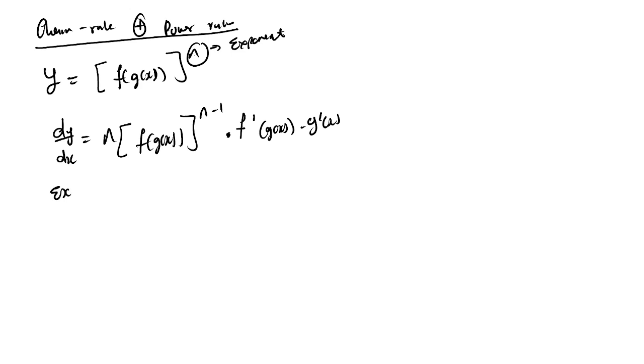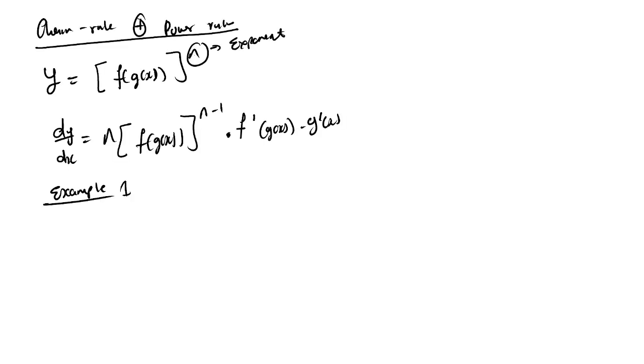So let's look at an example. Example 1. Let's say we have y equals sine of x, raised to the exponent 5. The dy over dx is going to be what? You take the power rule, so it's going to be 5.